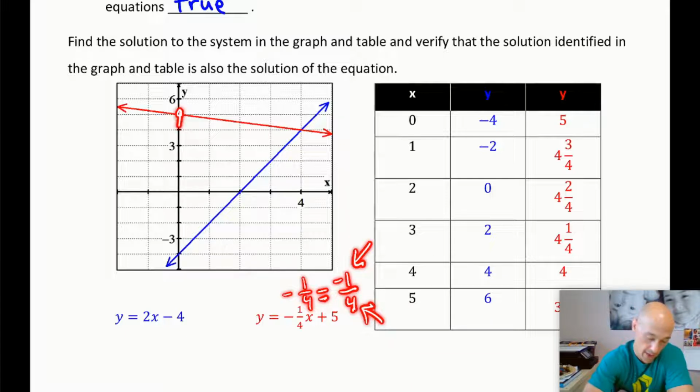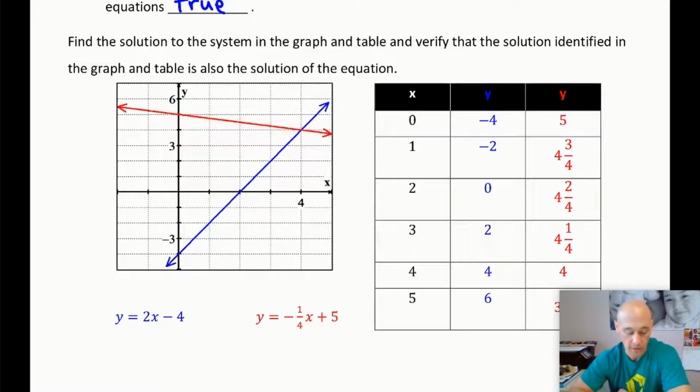From here, down 1, to the right 4, and there's another point right there. We can also think of it as going down 1/4 and to the right 1, repeatedly. That's another way to think about that, but I think -1/4 as down 1, right 4 is probably easier.